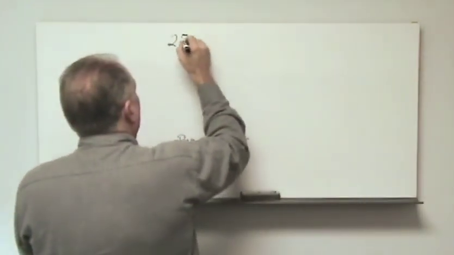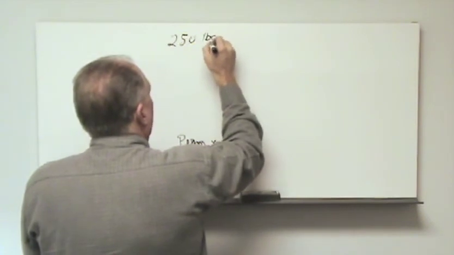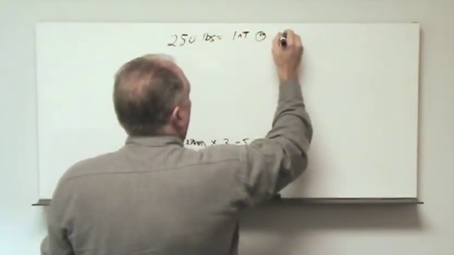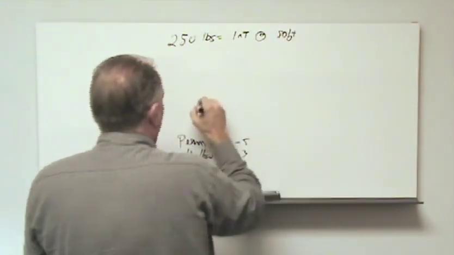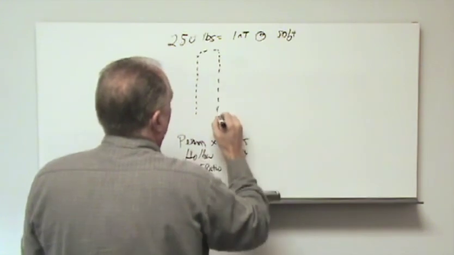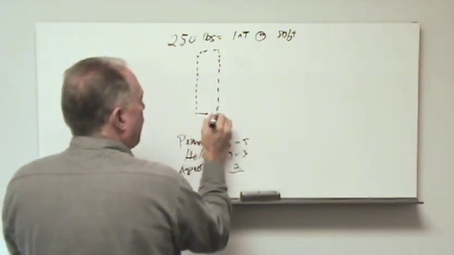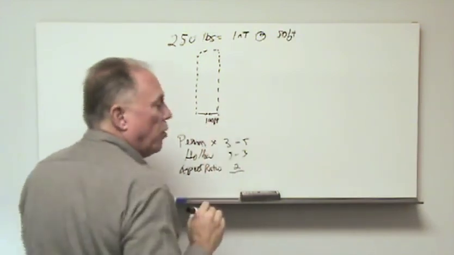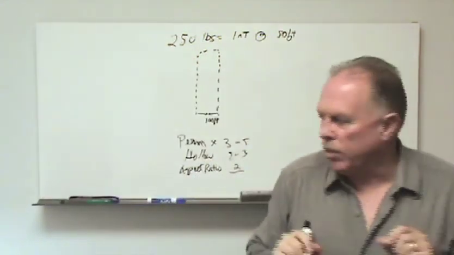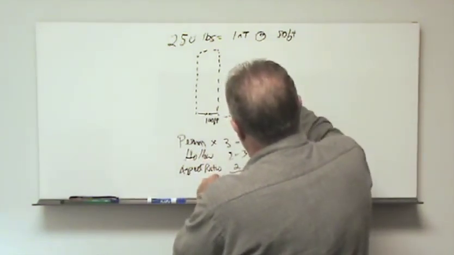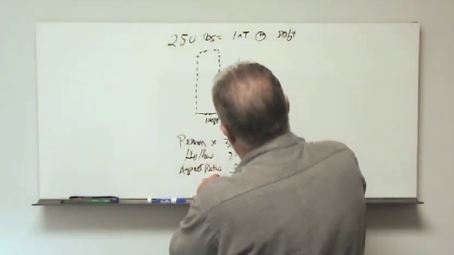So we'll put this back up. 250 pounds equals 1 nanotesla at 50 feet. So that means that we could have a survey line. If we can see 50 feet on either side, we could have that survey line 100 feet wide. So this means that on any given survey line, we will be able to see out 50 feet.